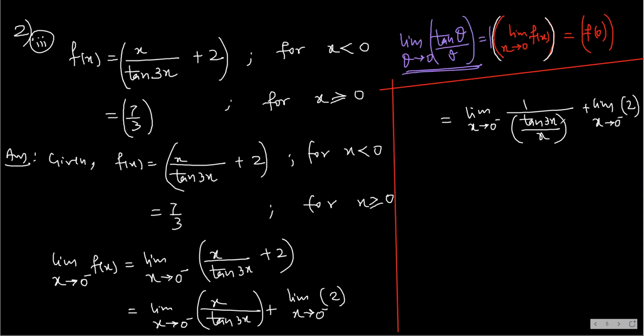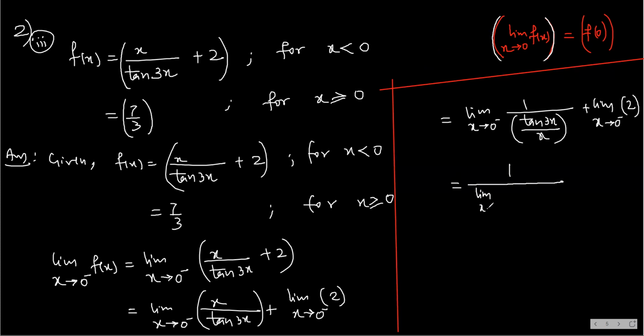Okay, so here I have tan 3x. What will I do next? I will try getting 3x in the denominator. Whatever you have in the numerator, you should try to get the same in the denominator. So the next step, numerator is 1, leave it here. Limit x tends to 0 negative, and tan 3x upon x it is.